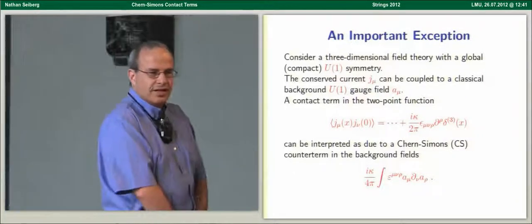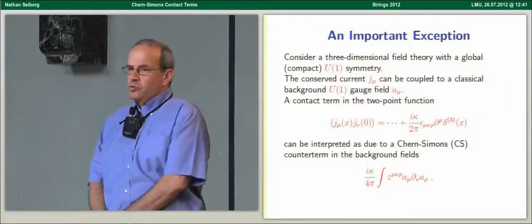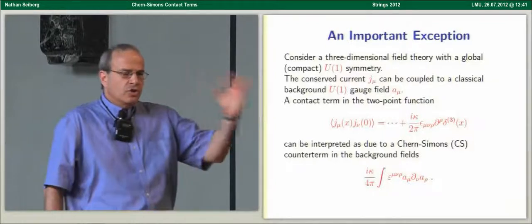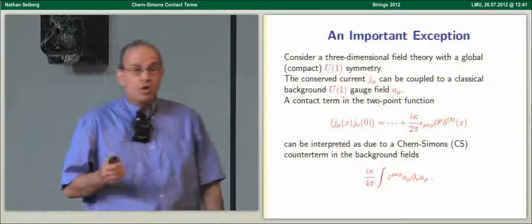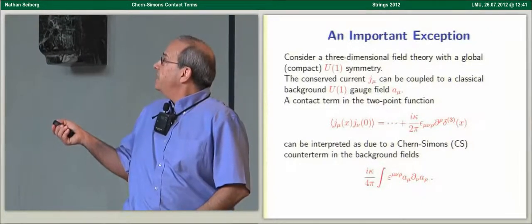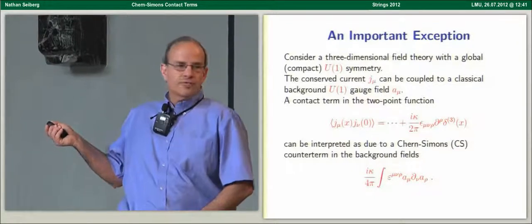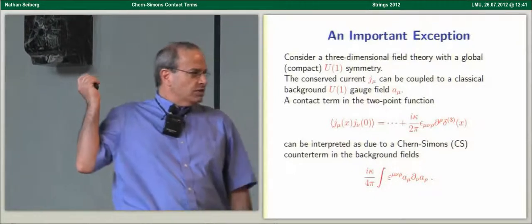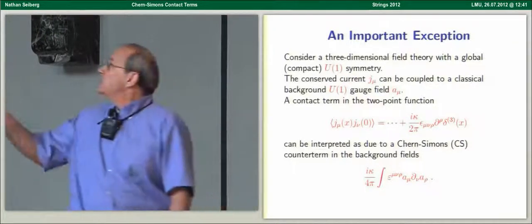So this is a perfectly allowed conformal contact term. And equivalently, we can think of it as turning on a background gauge field, and at least if the gauge field is infinitesimal, we can add to the Lagrangian such a counterterm, κ A dA. And if we think of the two-point function of j as taking two derivatives with respect to A, we see that this counterterm leads to a delta function proportional to this κ.